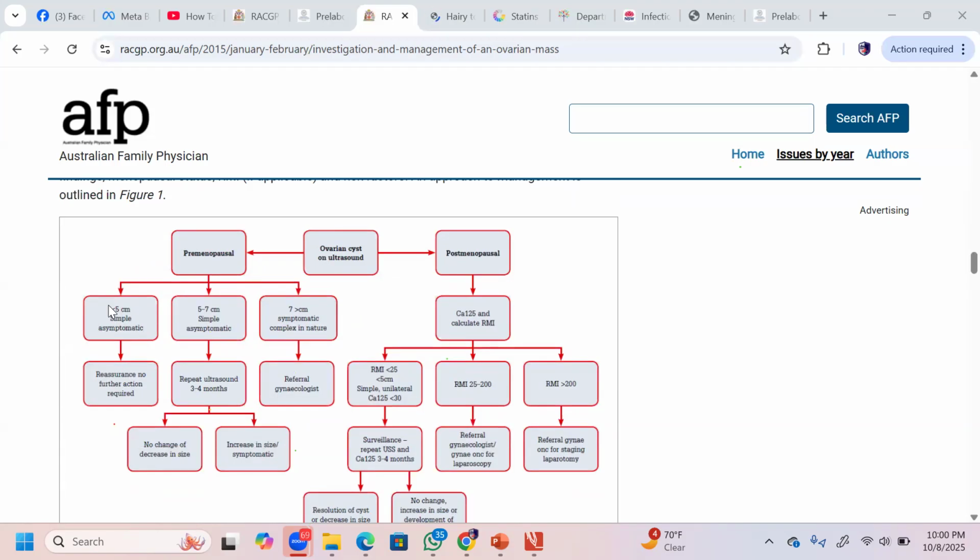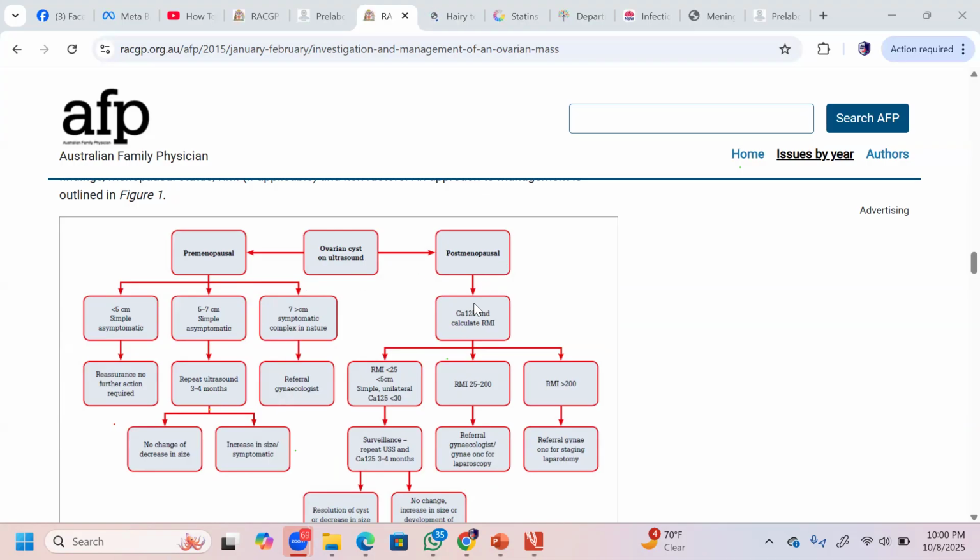If the cyst size is less than 5 centimeters and the patient is asymptomatic, just reassure, nothing. And if the size is between 5 to 7, no symptoms, just repeat ultrasound in 3 to 4 months. And if the size is greater than 7 and the patient is symptomatic, you will refer the patient to a gynecologist. Simple. There is nothing too hard to memorize.